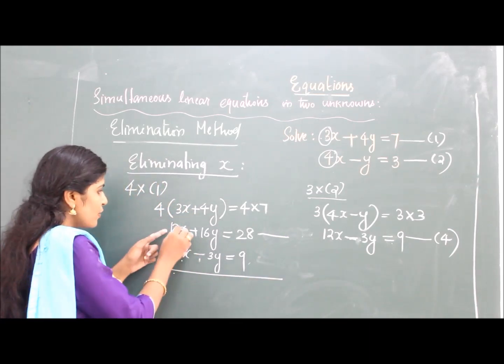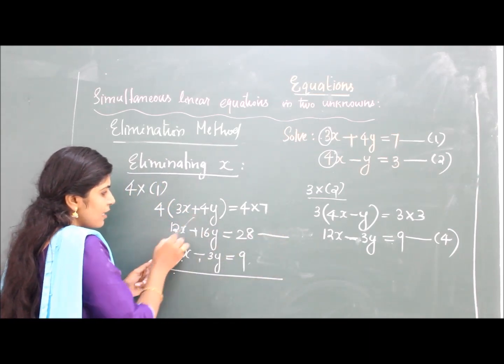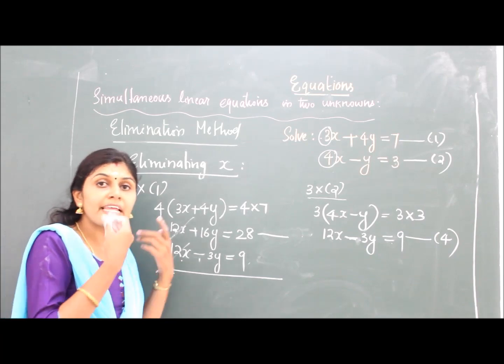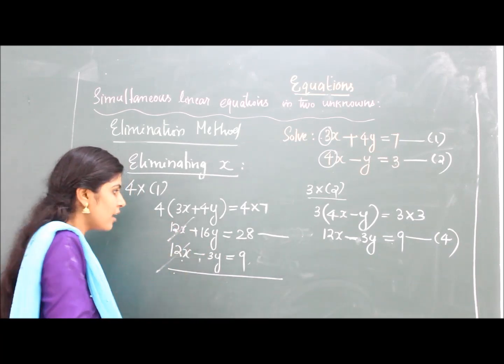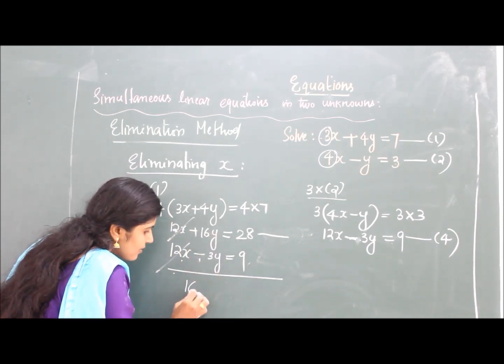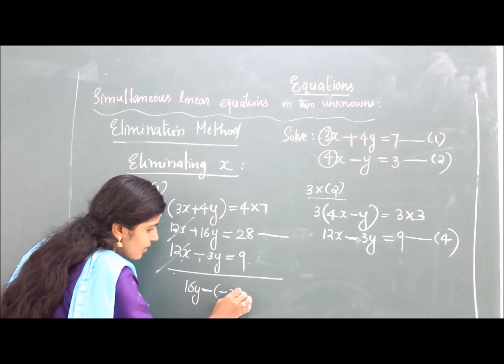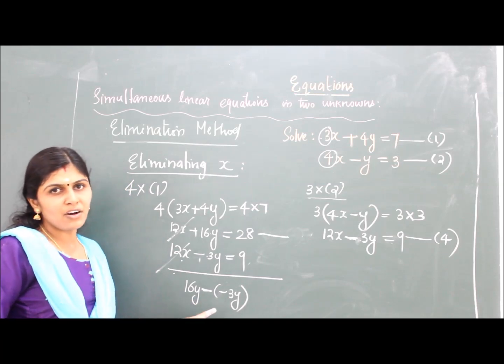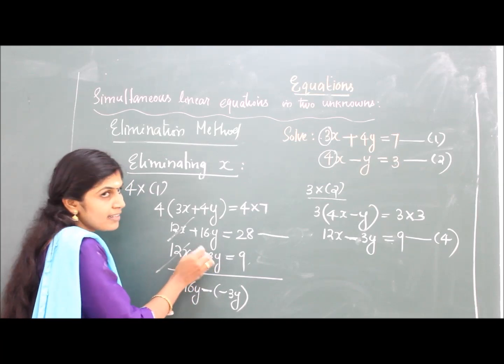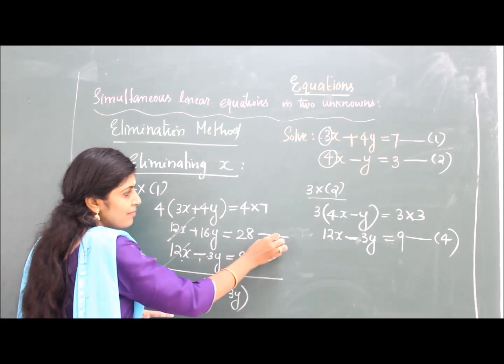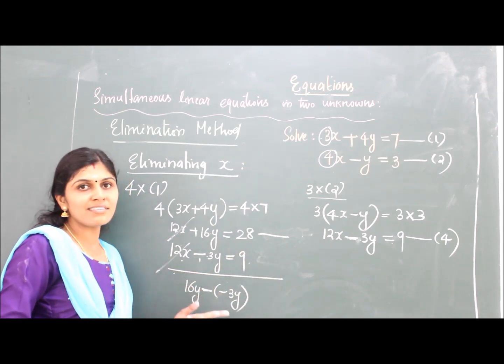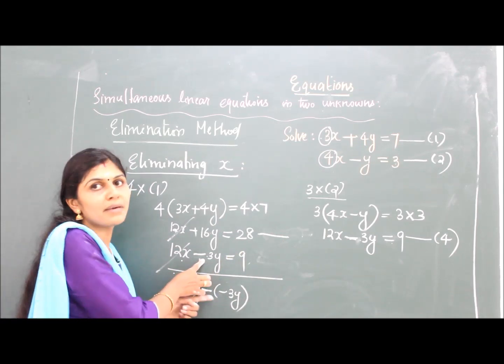Okay. So 12x minus 12x becomes 0, which means that I have eliminated the x term. Now what is remaining? 16y minus 3y. Why am I writing like this? Because you should not neglect this minus sign. Okay, because here we have one minus. So when you are doing the calculation, there is a chance that you will miss one of the minus.